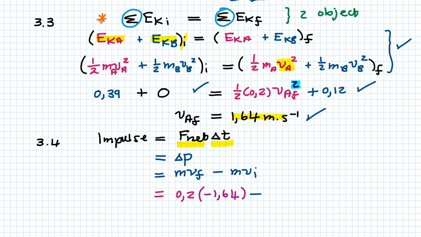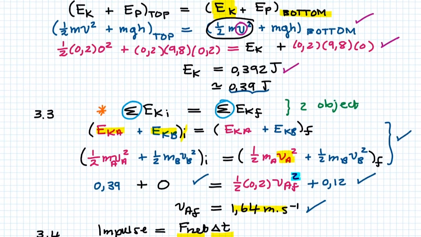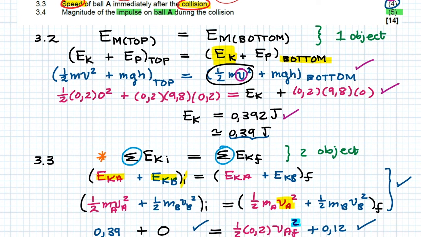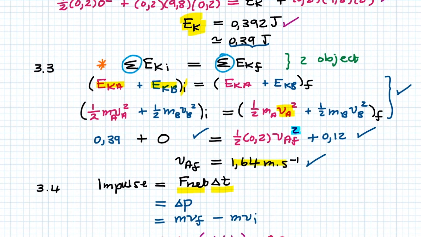Then we say minus, according to the formula. Again, the mass is 0,2. The initial velocity we need to calculate. Okay, so if in question 3.2 you performed that calculation, then you're very lucky. You've already done some of the work. But remember, in question 3.2 we calculated only the kinetic energy. But we know kinetic energy is equal to half mv squared.